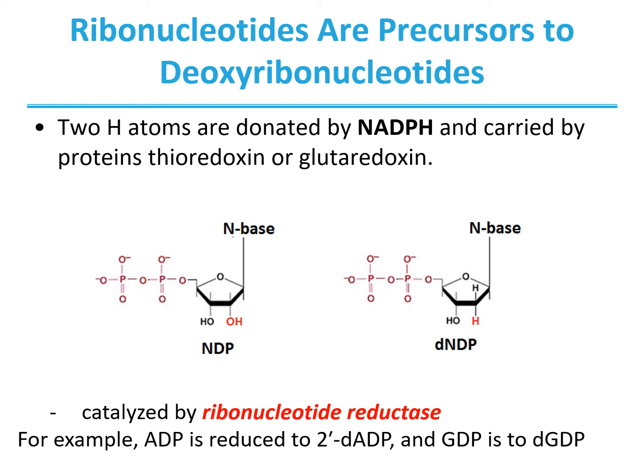Another important slide here is about the ribonucleotides and the deoxyribonucleotides. So always remember the general rule that ribonucleotides are the precursors for the deoxyribonucleotides. So from the ribonucleotides, we will always make the deoxyribonucleotide.